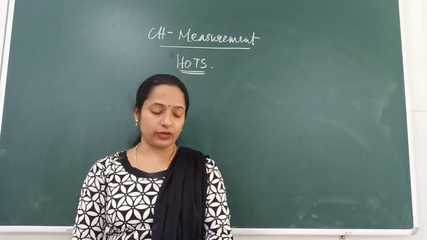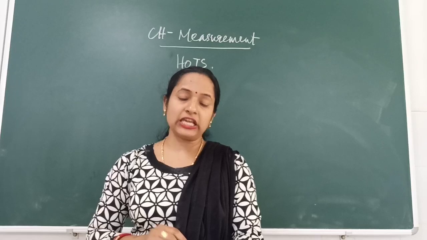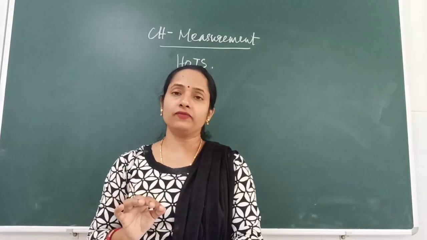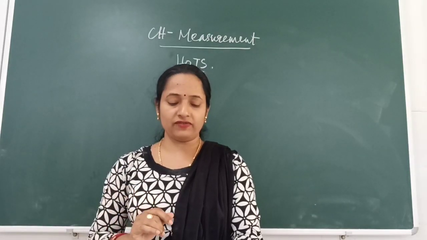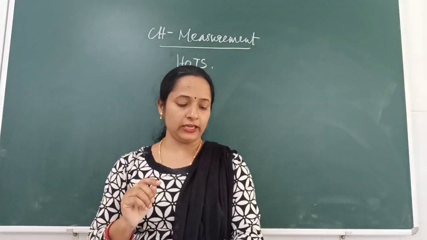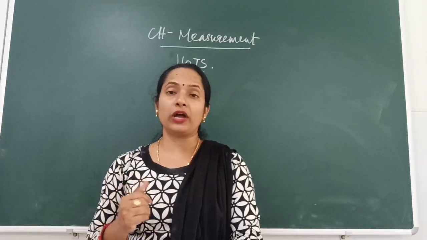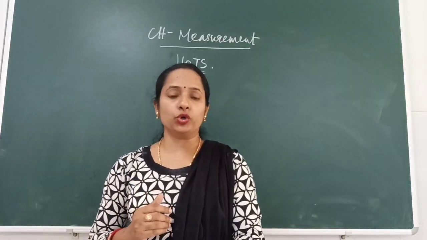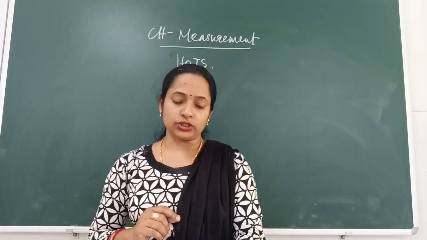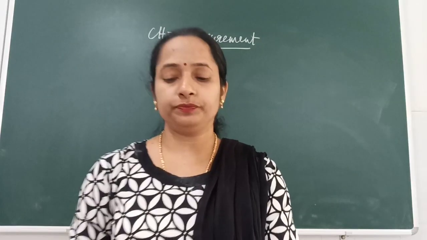The next question we have: Radhe bought 2 bags of onions, each weighing 5 kilograms 775 grams, and 3 bags of potatoes, each weighing 6 kilograms 125 grams. Which one did he buy more, potatoes or onions, and how much? So what you have to do?